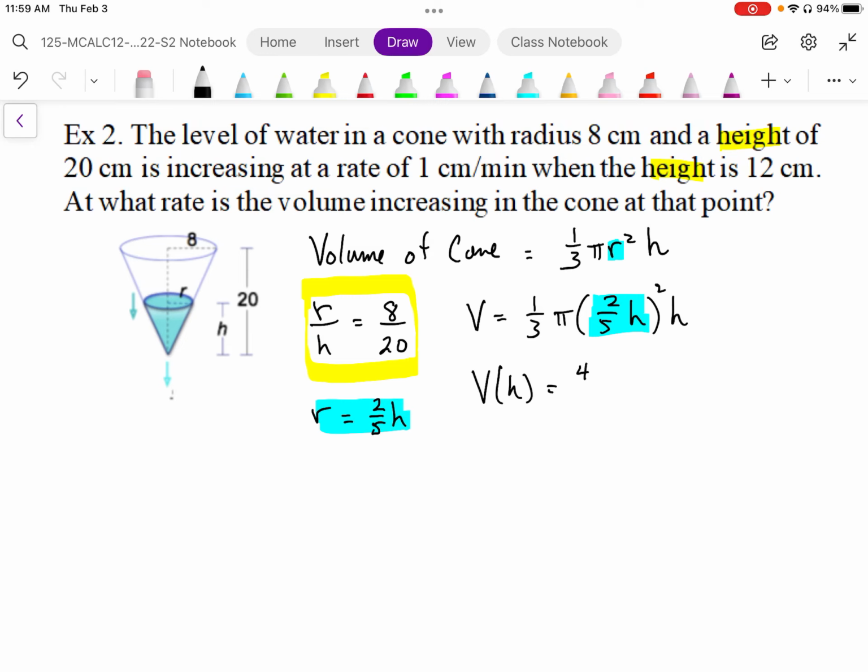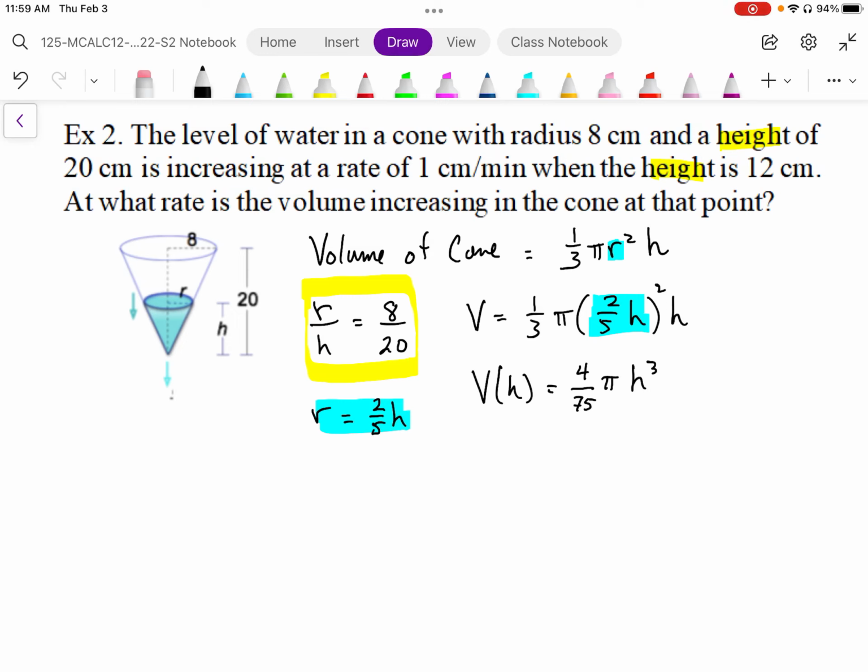We end up with 4/75 pi h squared, and h squared times h becomes h cubed. Okay, so that 75 comes from the 5 squared times 3. I've got a pi in there as well. Okay, so I now have my volume formula.